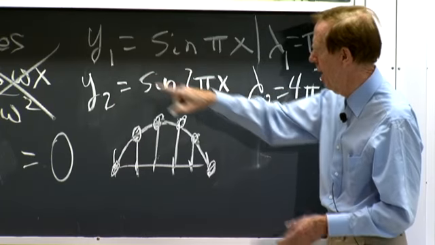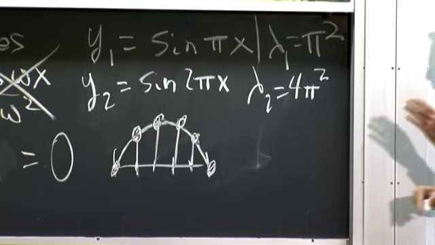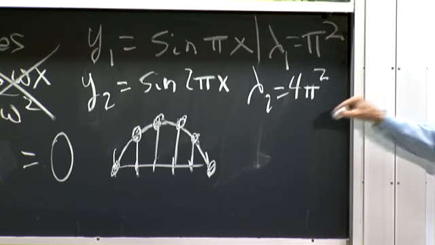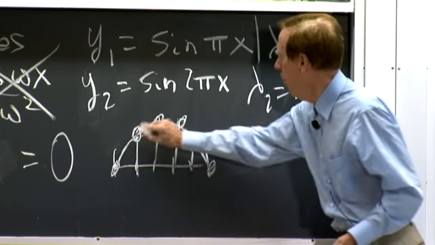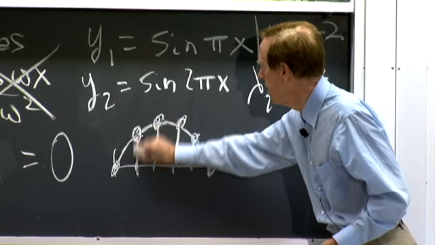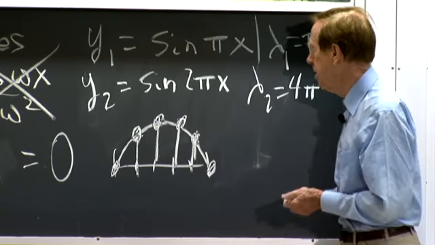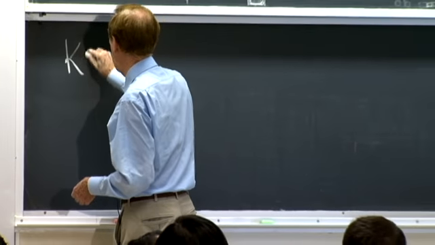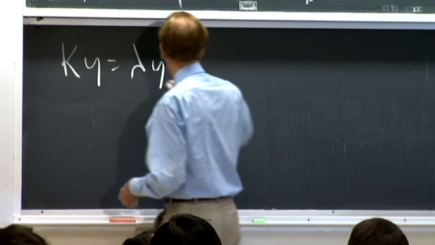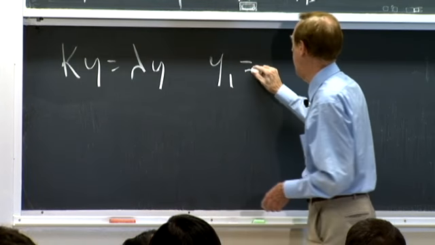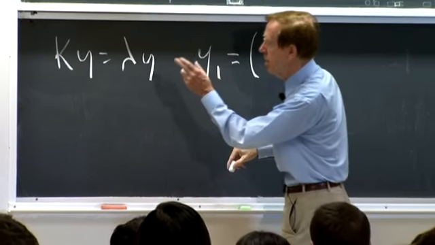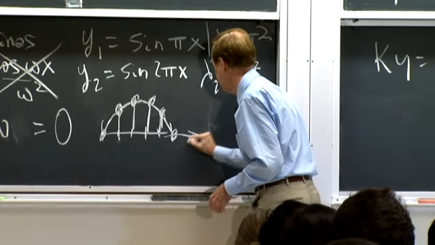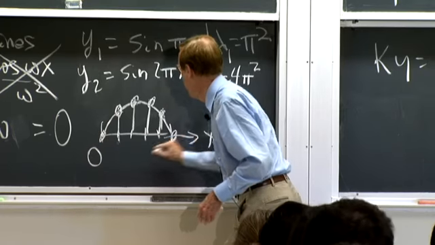Because the matrix K is building in the fixed conditions, these 4 heights, these 4 numbers, those 4 sines, in other words, what I hope is that for Ky equal lambda y, the first eigenvector y1 will be sine pi x, but now what is x? So this is x here, from 0 to 1.